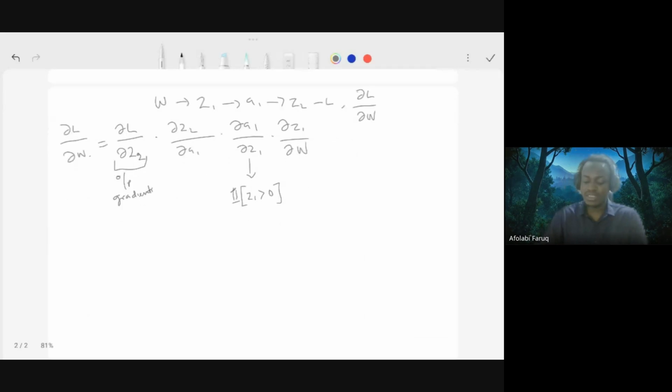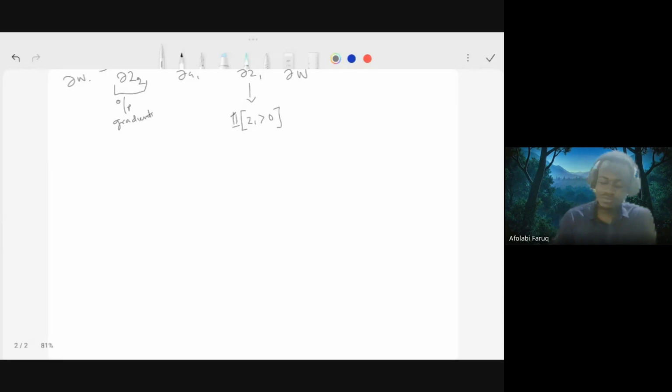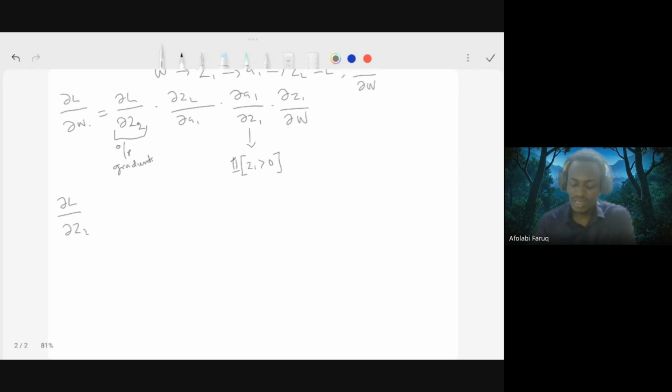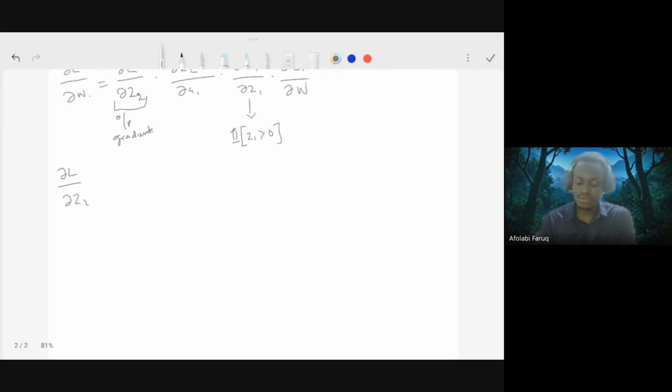So we are going to look at each of them in greater depth. Like I said, they have the Z2, right? This is known as the gradients at output.